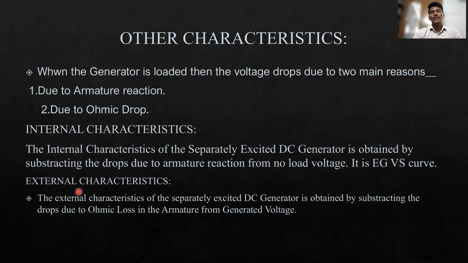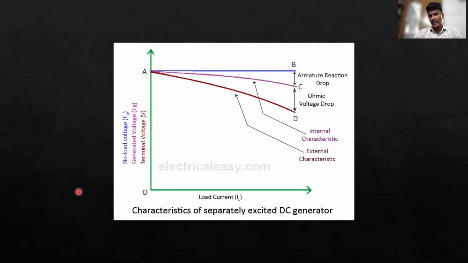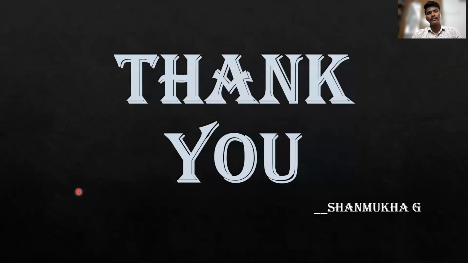There will be particular values for the drop due to armature reaction and the drop due to ohmic loss, and this is the perfect example for that. You can understand the concept just by using this one graph. This is enough for today's topic, and thank you.